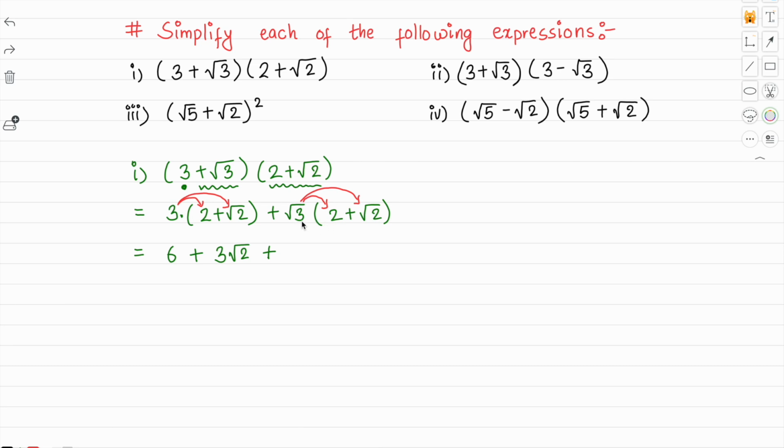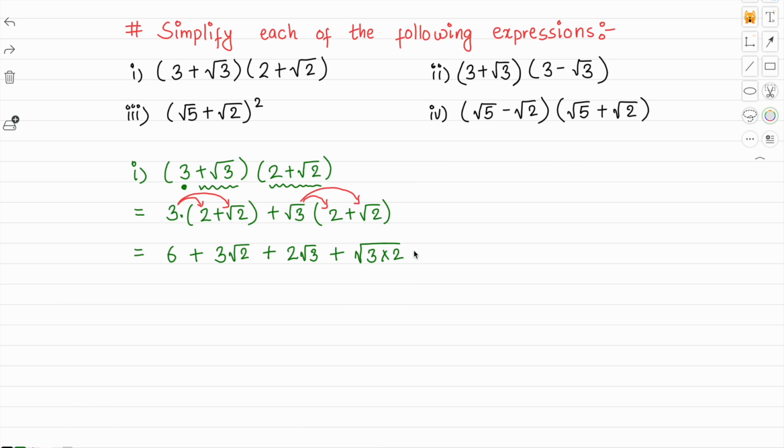Now what we are going to get is, when we multiply this root 3 and 2, 2 root 3, and then when we multiply this root 3 and root 2, plus becomes plus, and root 3 times root 2 is going to be root 3 into 2.